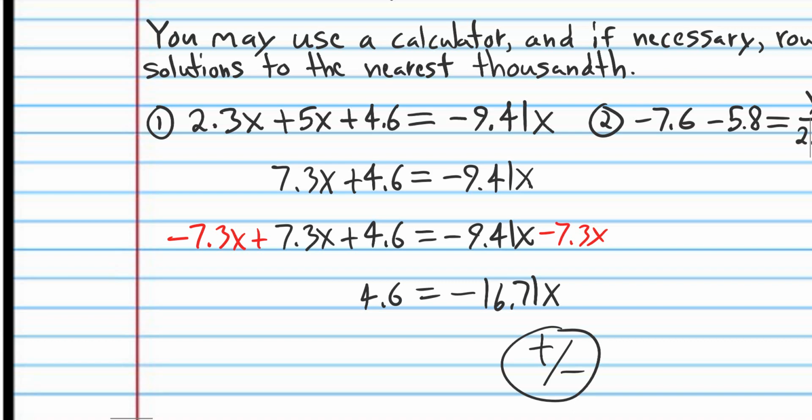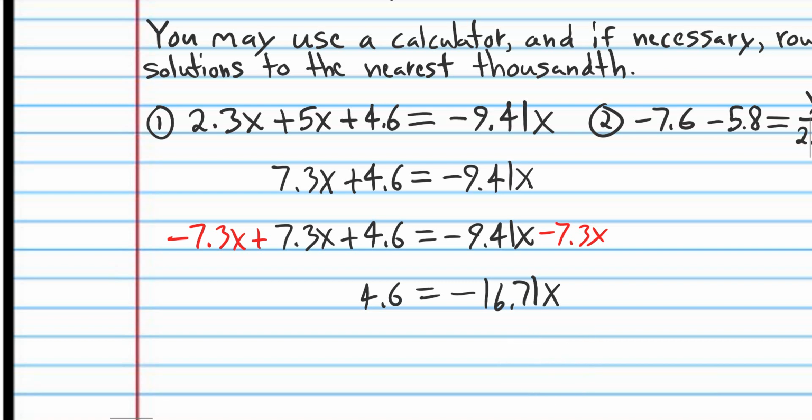And then you're going to push minus 7.3, and that'll give you negative 16.71. Now, if you're using a different phone, you might have to put the negative sign first, then the 9.41. So it just depends on what type of phone you're using. And if you're using an app that doesn't come with the phone, then again, it might be different.